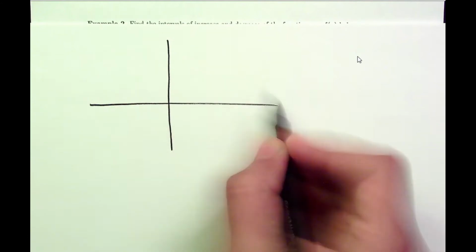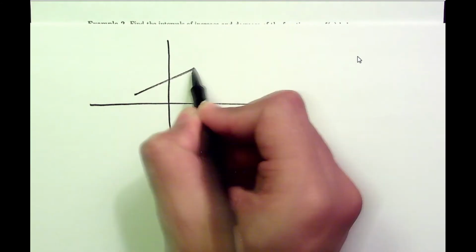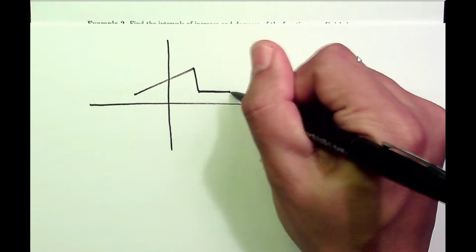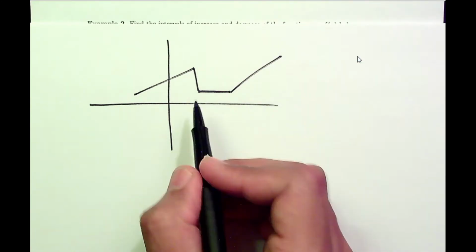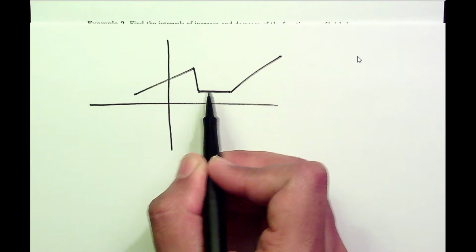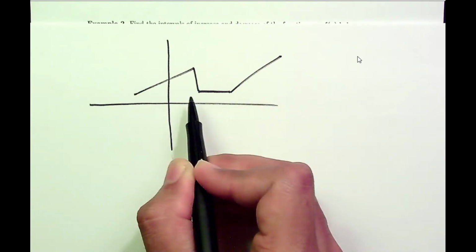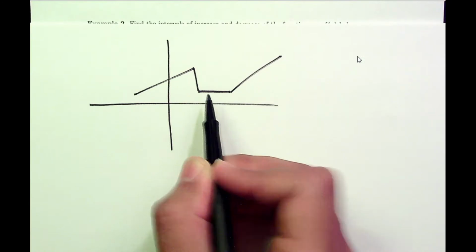So you could have a function, let's say, that looks like this. Okay, then in this piece, the function is neither increasing nor decreasing. We say that in this piece, the function is constant.